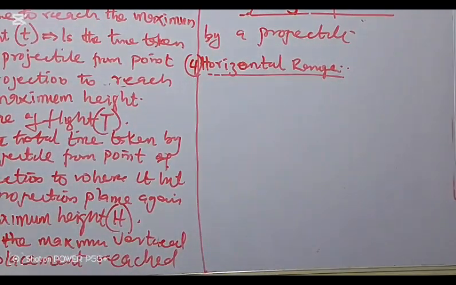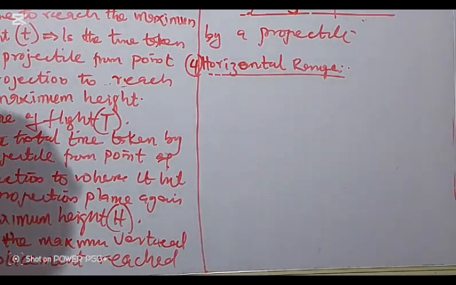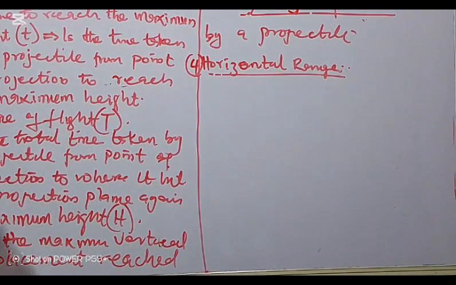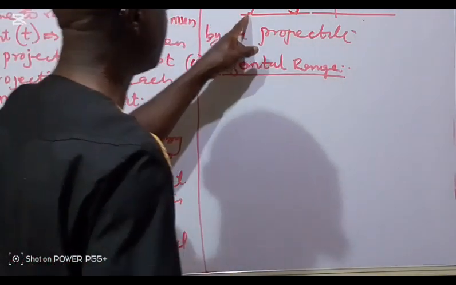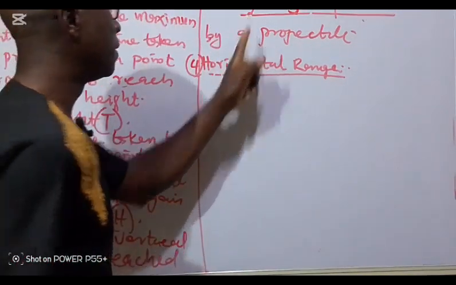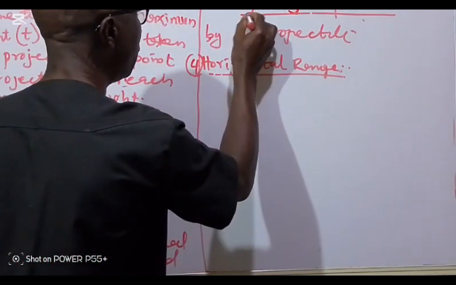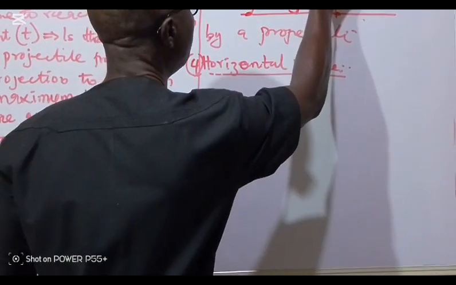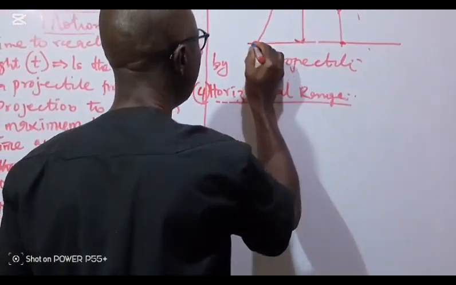When you say horizontal range, we talked about vertical distance the other time. This one is the horizontal distance. This is the point of projection, and this is where it hits the projection plane again as it travels like this.